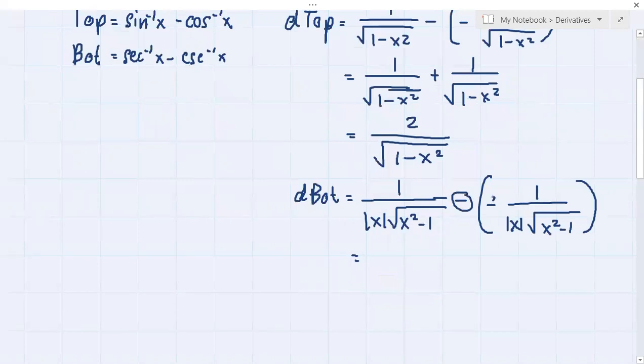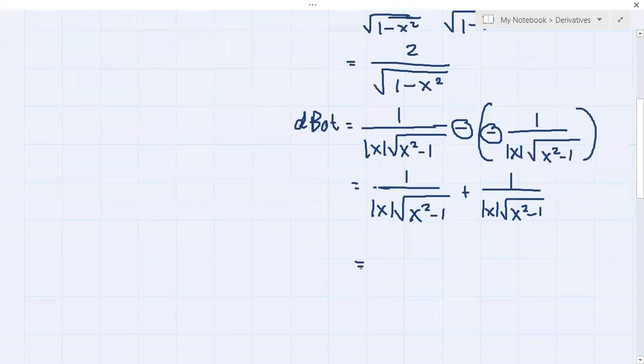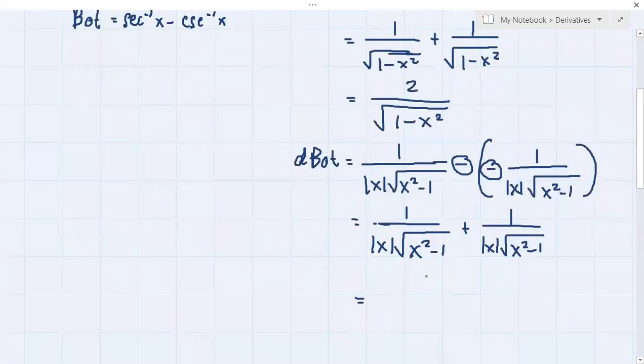We have negative and negative, outside and inner, so magiging positive yan. So, we will have 1 all over the absolute value of x times the square root of x squared minus 1 plus 1 all over the absolute value of x times the square root of x squared minus 1. So, add them together kasi they are both similar fractions. We will have 2 all over the absolute value of x times the square root of x squared minus 1.